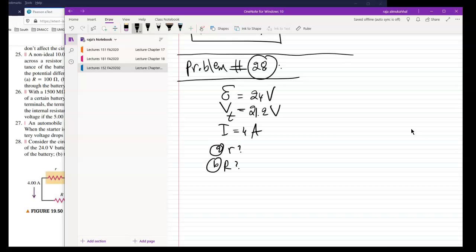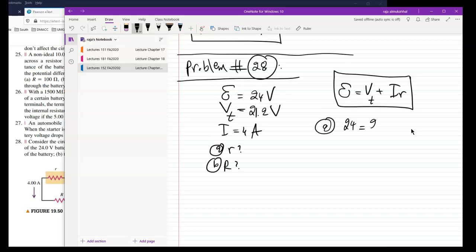So how do we do it? Well, we go back to the same formula. It says that the EMF is the terminal voltage plus Ir. Remember, that's the big famous formula. That's the one that you need to know. You always start with that formula, and all I need is just to plug it in. So for part A, that's going to be 24 equals 21.2 plus 4 times r.